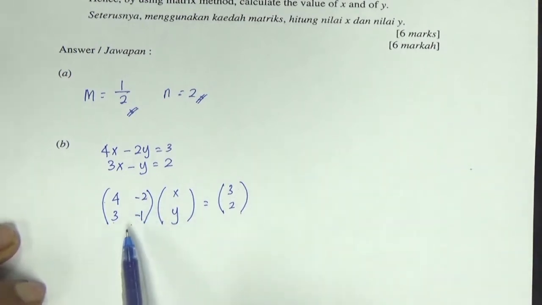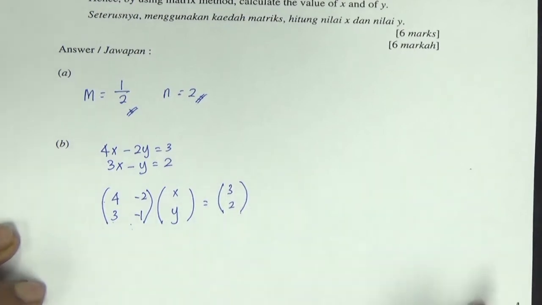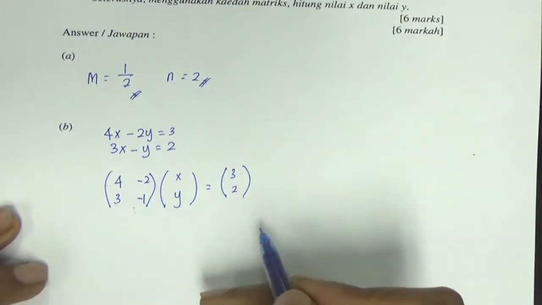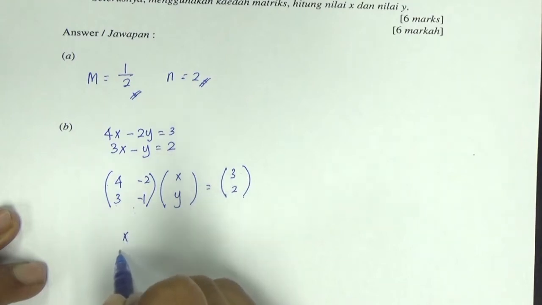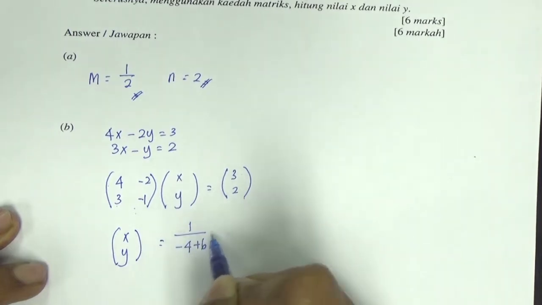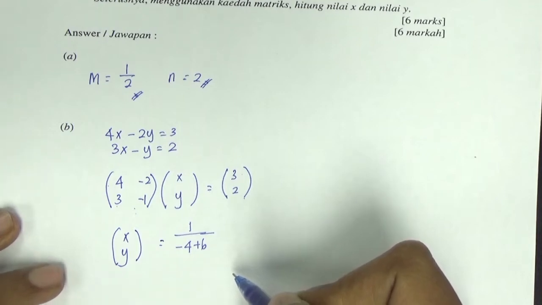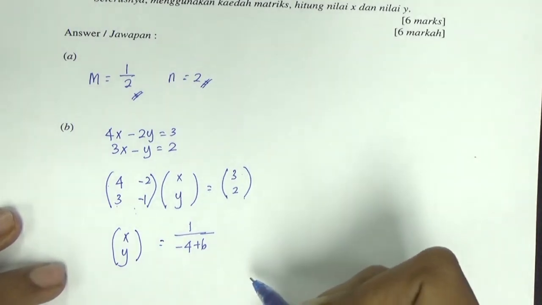This is exactly the same as the previous matrix P. What I'm going to do first is move the matrix to the other side, so I will inverse it. Now we can solve this. x, y equals, we need to apply the equation that I used for 8A.